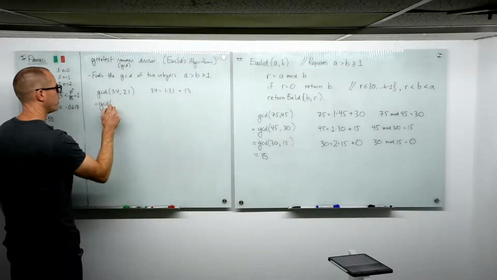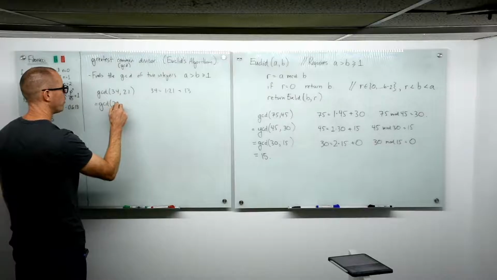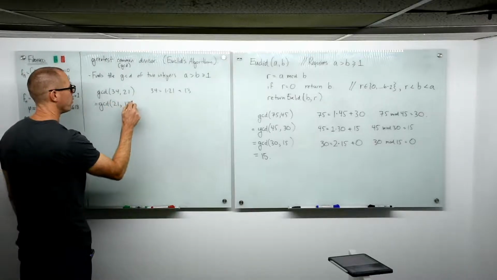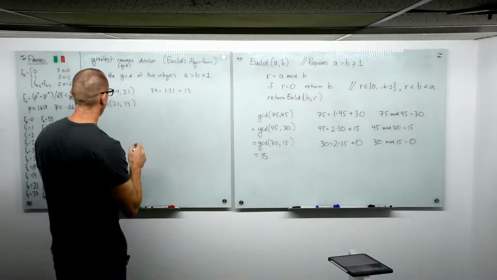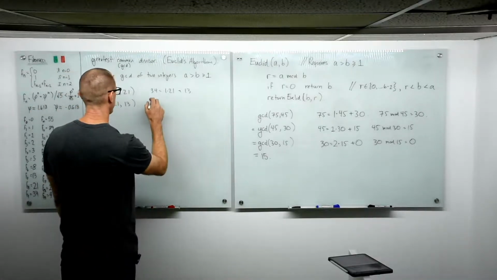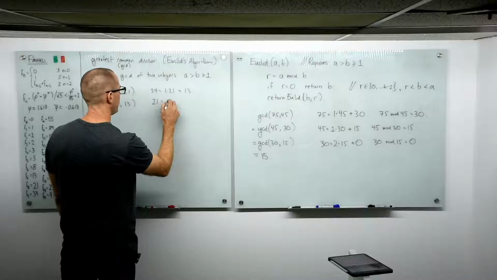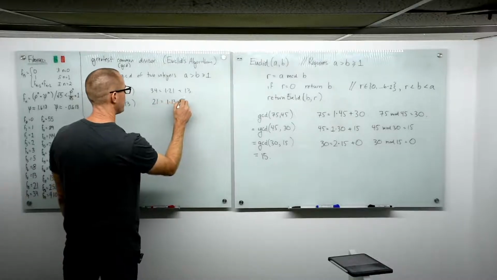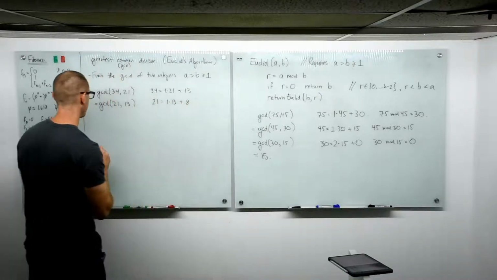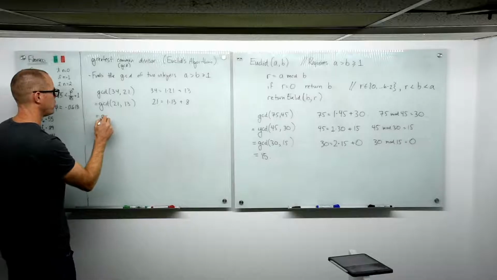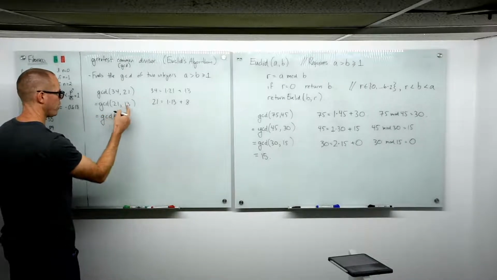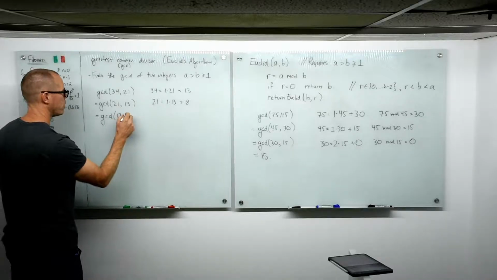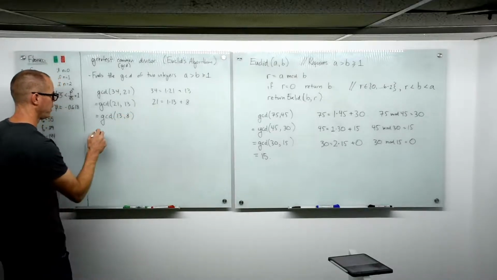So that tells us that the GCD of 34 and 21 is the GCD of 21 and 13. Okay, so 21 is equal to 1 times 13 plus 8, which tells us that the GCD of 21 and 13 is equal to the GCD of 13 and 8.